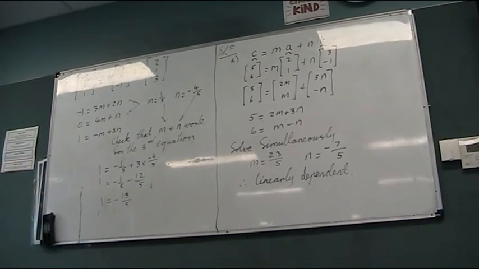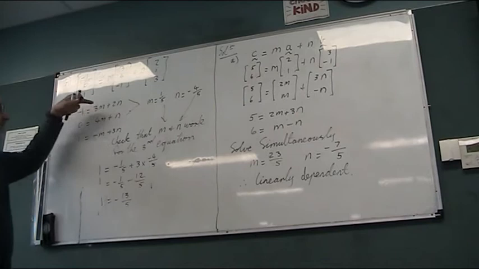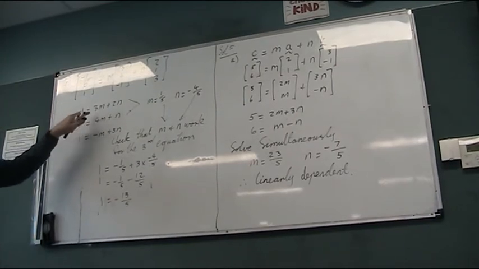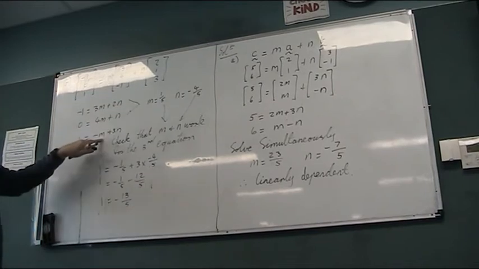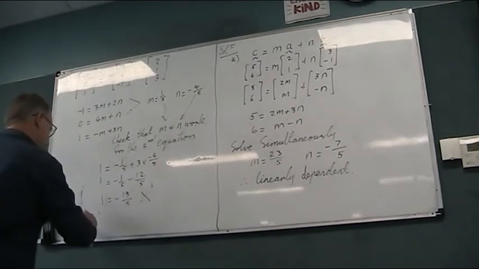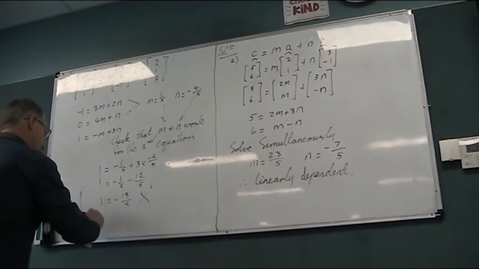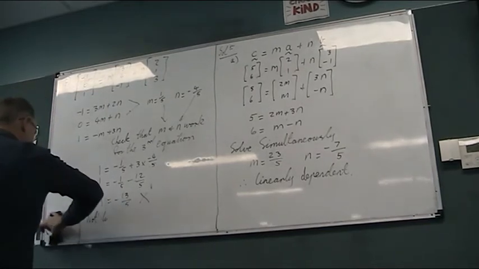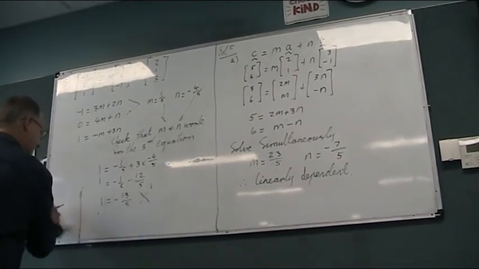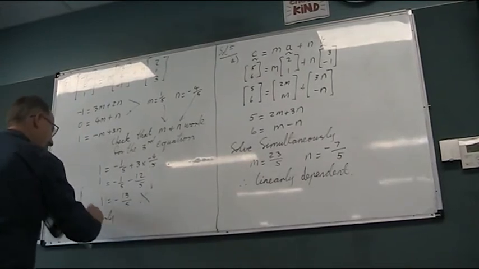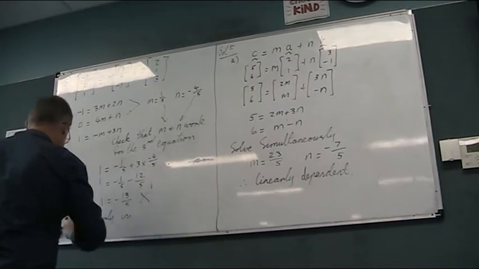All right, so even though we've managed to find some values of m and n using these two, those values don't work for this one. So it's not linearly dependent, which we would write as linearly independent.